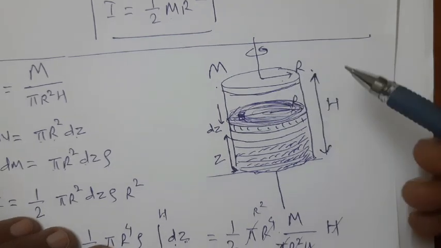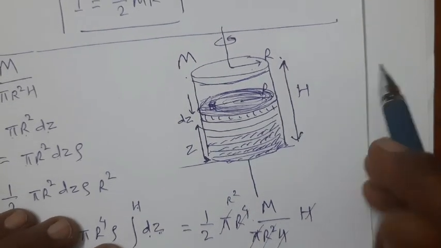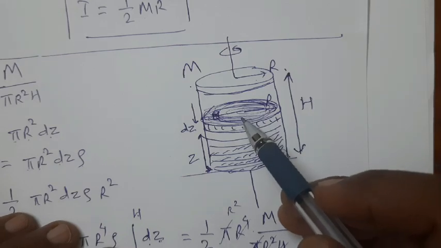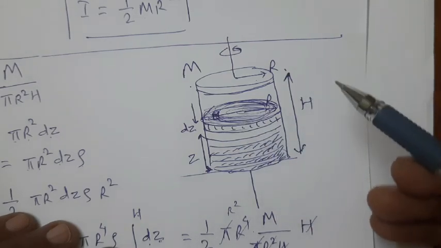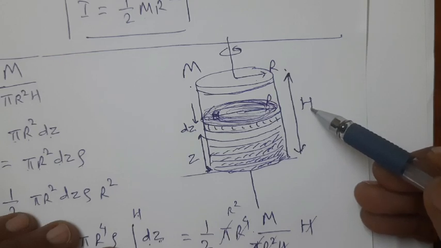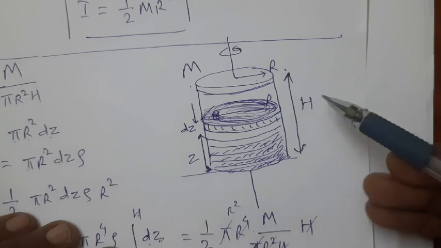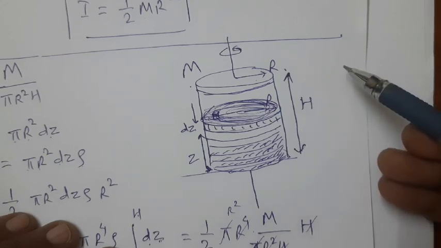And see here, if I change the mass distribution in the direction of the axis, then moment of inertia will not change. That means suppose there are two cylinders of same mass, but maybe because of the change in the density, height of one cylinder is h and height of other cylinder is twice that of h. Then the moment of inertia will not change. Moment of inertia will remain same. Correct? And that is the interesting thing.